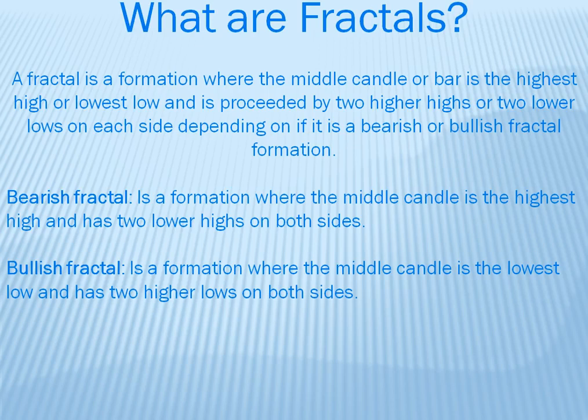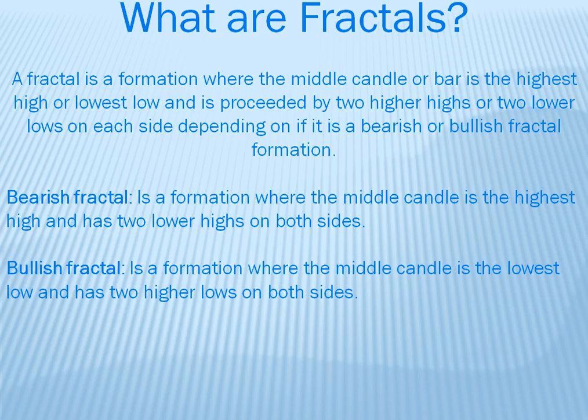So you're going to see the high wick, and then the next candle's wick cannot go higher than that middle candle, and then the next one after that can't go higher, and then the one prior to that has to be lower also, and then the one next to that lower.